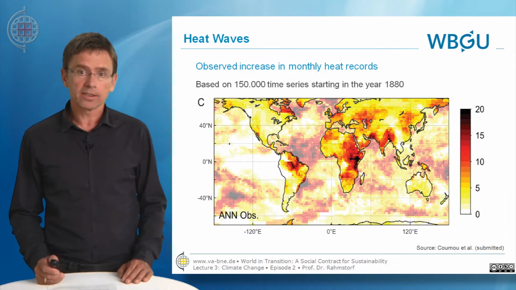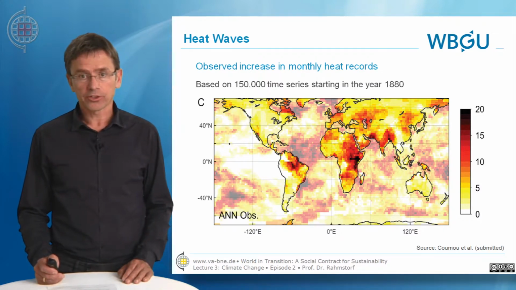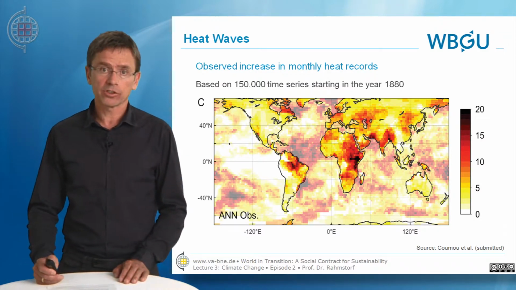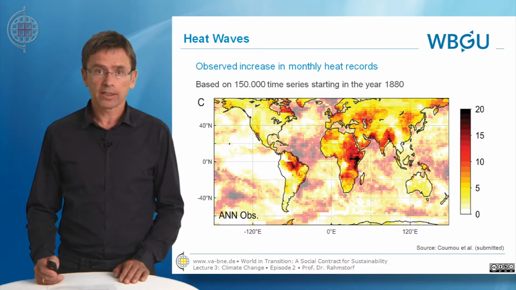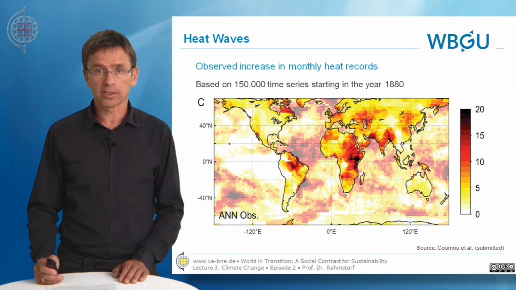And what you see here is that everywhere where there are yellow, orange, red or dark red colors, the number of heat records, record-breaking warm months, is several times larger than what you expect just by chance in an unchanging climate. In fact, on global average, we now observe in the last 10 years about 5 times as many record warm months as you would expect in a stationary climate.